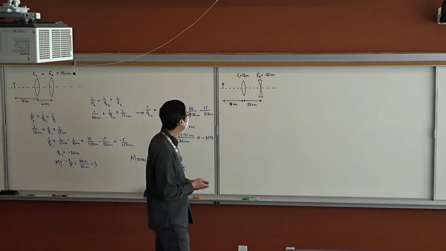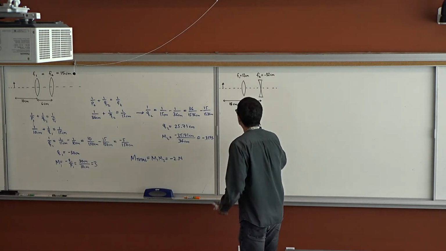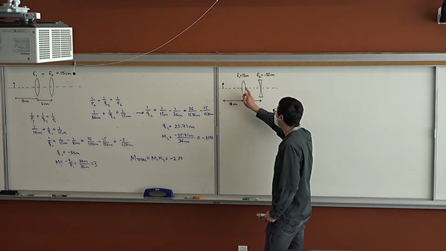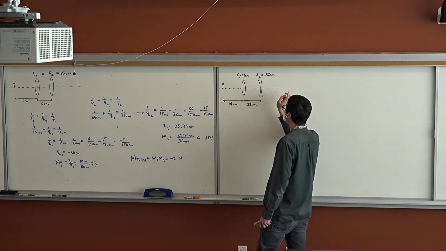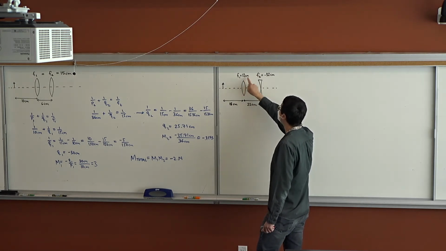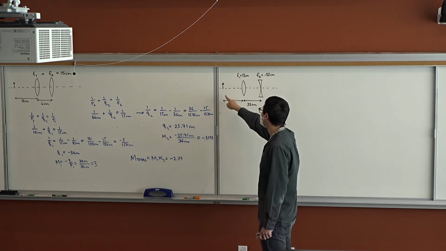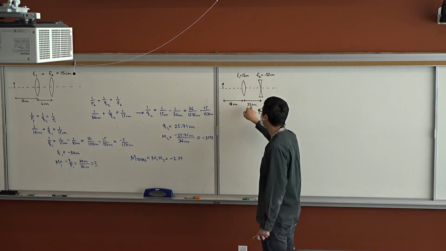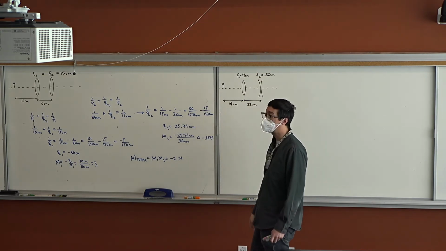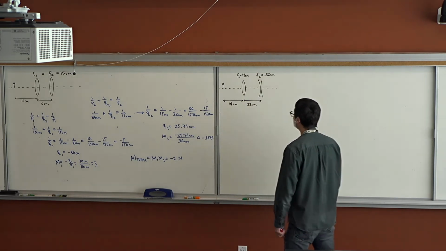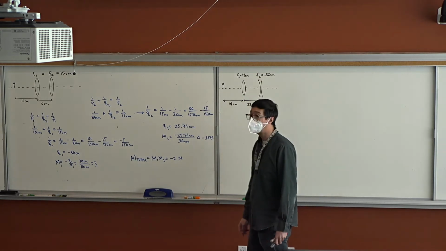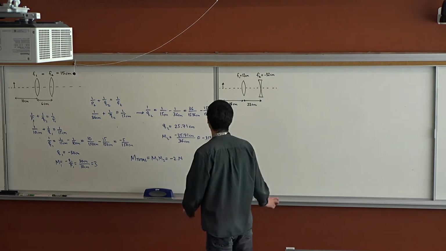So this time, converging and diverging lens, focal length 12 centimeters and minus 32 centimeters respectively. The object 18 centimeters in front of the first lens, the two lenses spaced 22 centimeters apart. Again, we're going to use the image from the first lens as the object for the second lens.